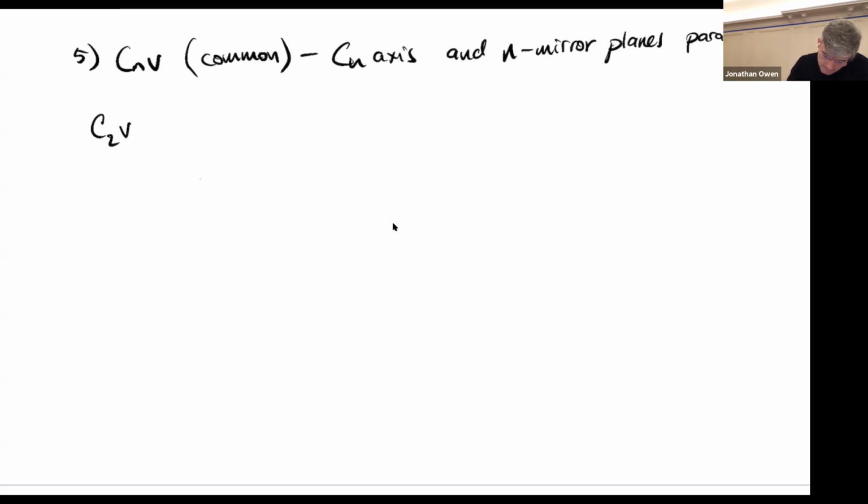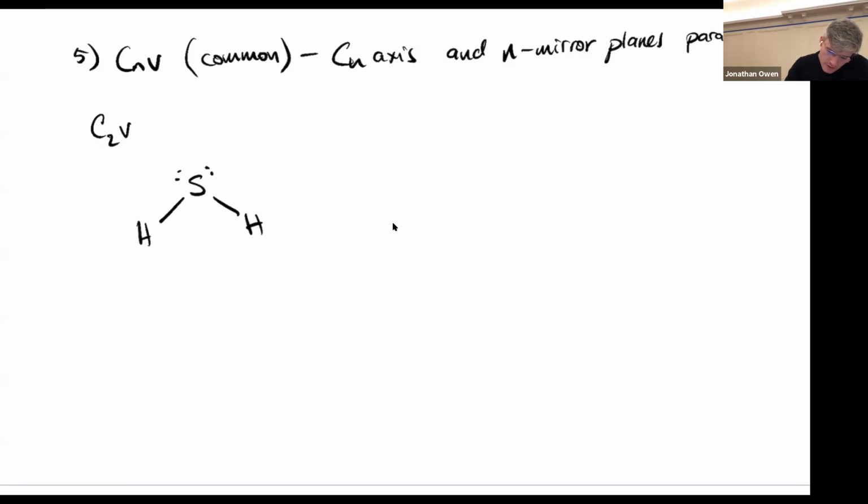C2V, pretty common. Molecules that are C2V or CNV kind of point like arrows. Sulfur kind of points like an arrow upward here with its 2 flanking hydrogens.